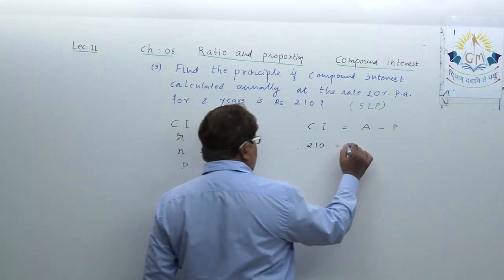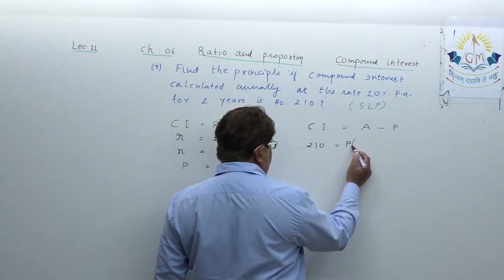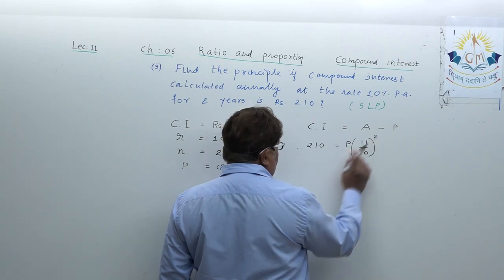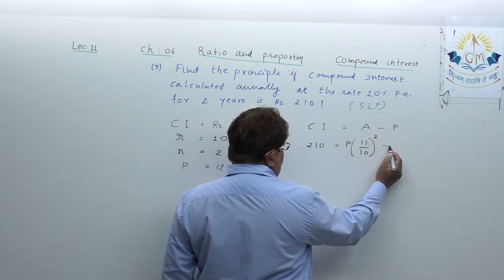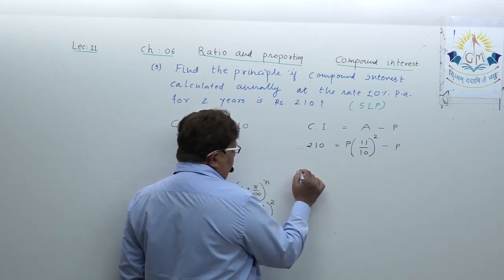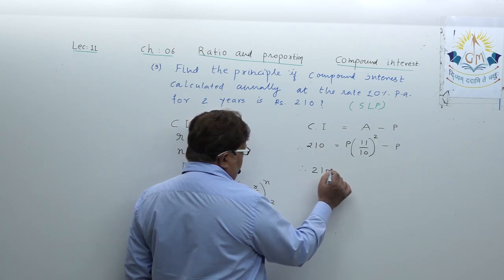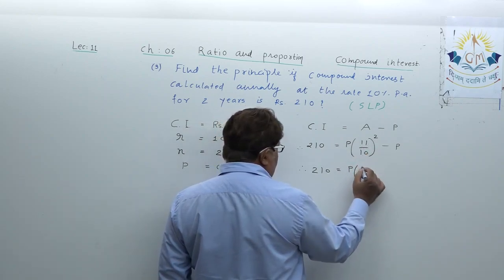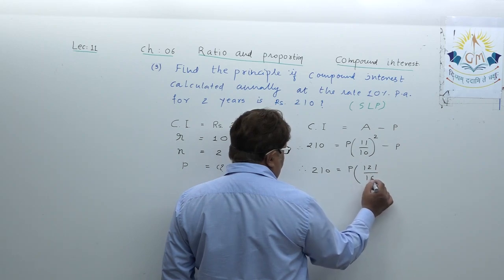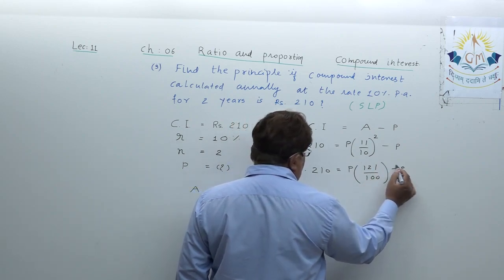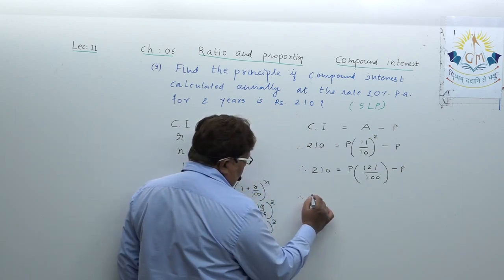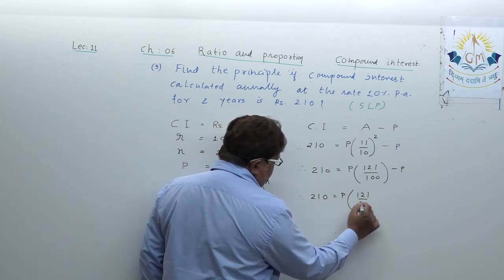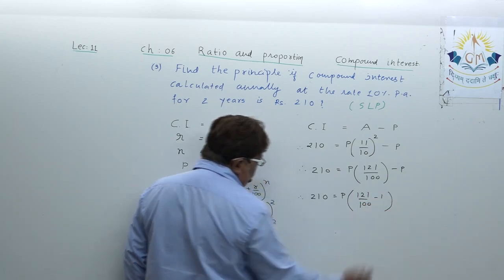The amount, you got this, P into bracket 11 upon 10 whole square, minus P. The next step will be 210 equal to P, just square the fraction, you will get 121 upon 100 minus P. Taking out P as common, what is left? 121 upon 100 minus 1.